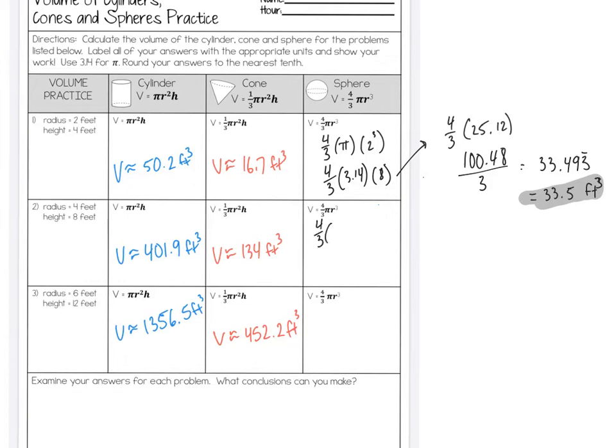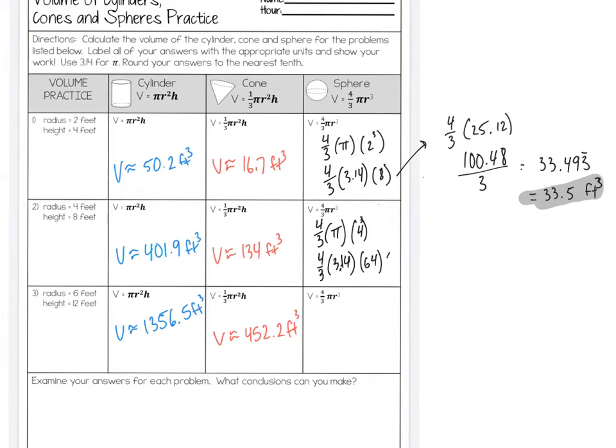So 4/3 times pi, and our radius this time is 4. So we have 4 times 4 times 4 again. So this will be 4/3, and I'll use 3.14 again. And then 4 times 4 times 4, I forgot my power of 3, is going to be 64.